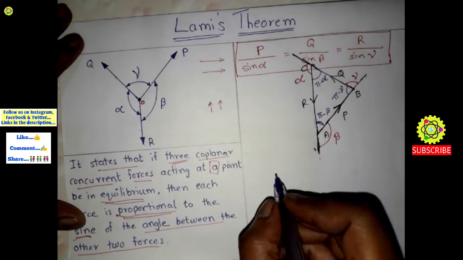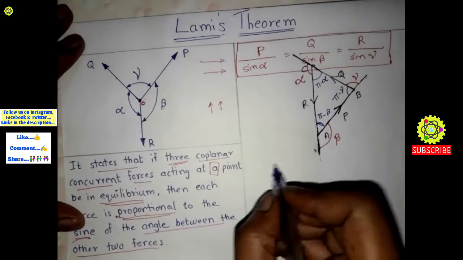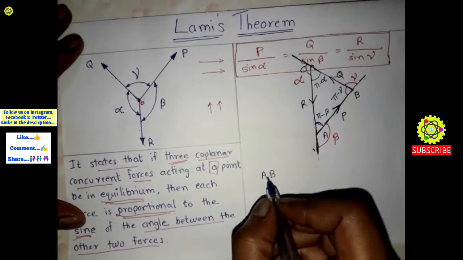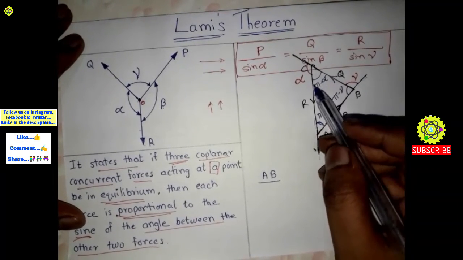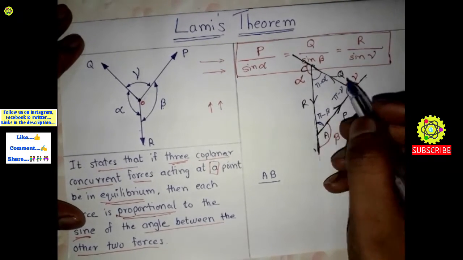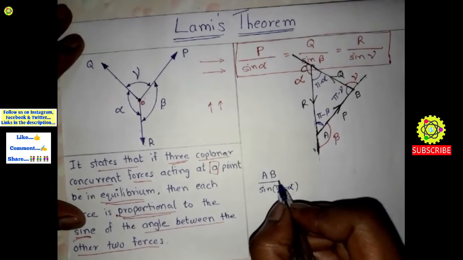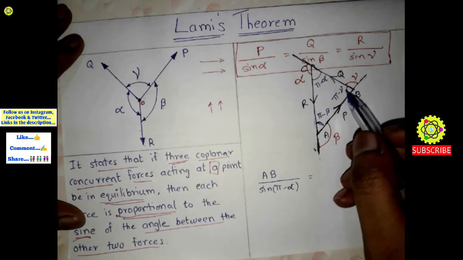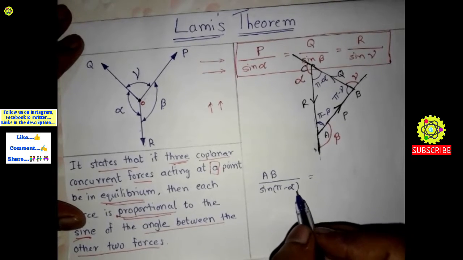Now see here, as we know, side AB is proportionate to the opposite angle, that is pi minus alpha. So here, as we know, P upon sine pi minus alpha. Opposite side is side AB and opposite angle is pi minus alpha, so here AB upon sine into bracket pi minus alpha.